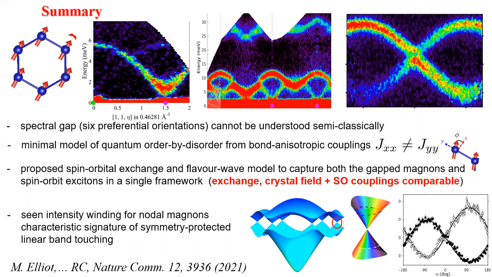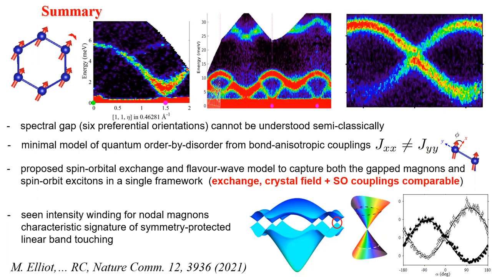And in this case, the ground state selection is due to spin orbital exchange. So some spin directions actually gain energy because the orbitals can also gain more energy for that orientation than others.